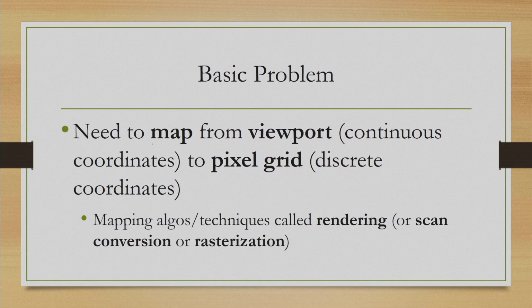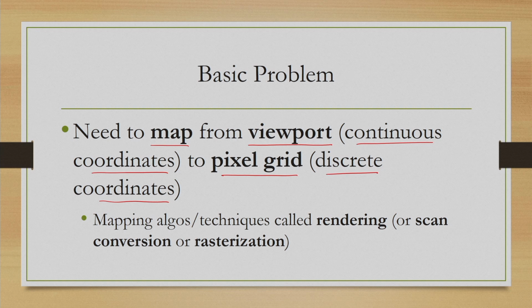Thus, what we need? We need to map from the viewport description, which is a continuous coordinate space, to a pixel grid, which is a discrete coordinate space. So, this is the final mapping that we need to do before a scene is rendered on a physical display screen.